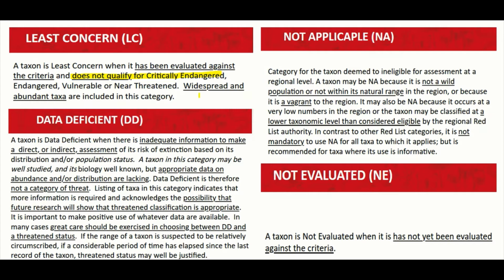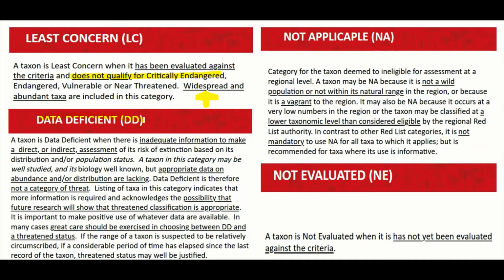So that is where we have certain taxa that are very abundant and widespread within a vast geographical area, then they cannot be placed in terms of critical endangerment or threat because they are in abundance. So they are least concern, so we don't worry that they could become an issue of loss at any point in the future.